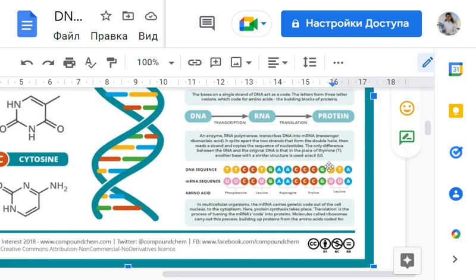Here you can see the DNA sequence, which contains nucleotides, and it makes another nucleic acid, RNA, in order to make protein afterwards. You can see three nucleotides code one amino acid, and if you bind these amino acids, you make a polypeptide chain, which afterwards matures into a protein.